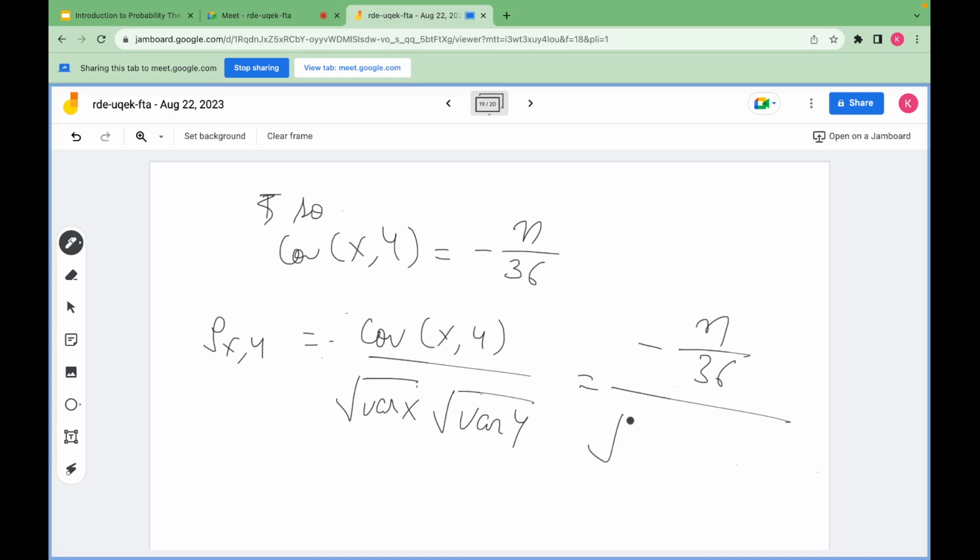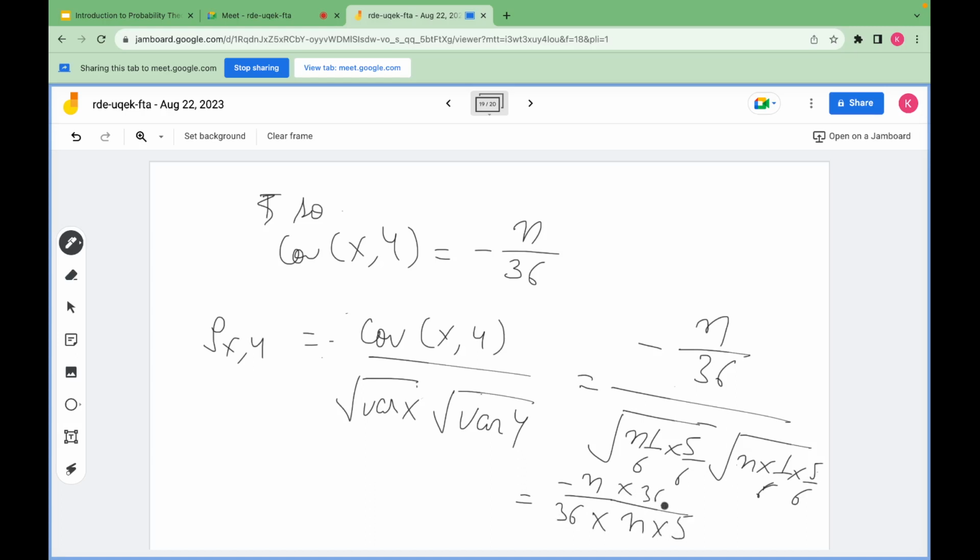Similarly, variance of y is also the same, n into 1 by 6 into 5 by 6. So we can see this will be 1 by 36 into n into 5 into 36.